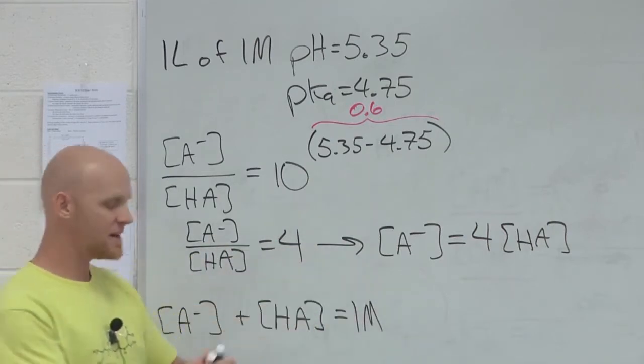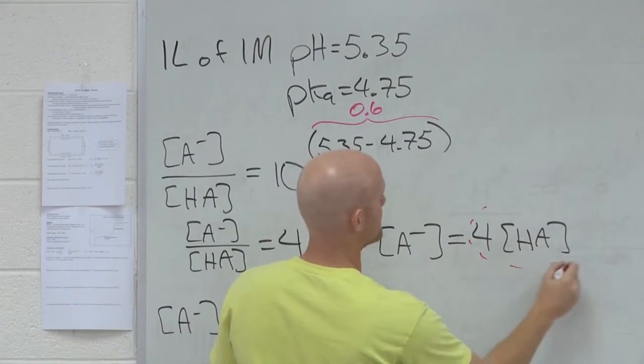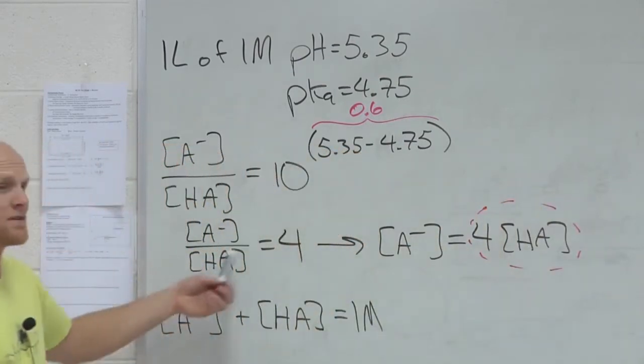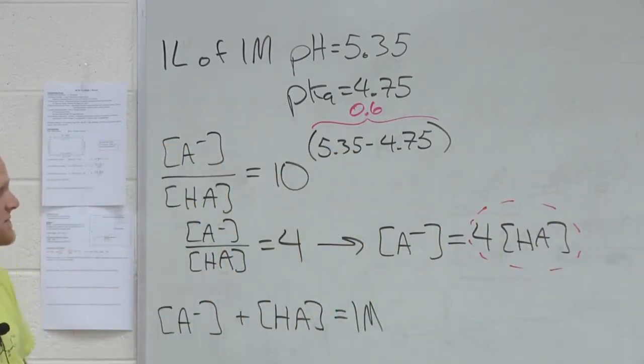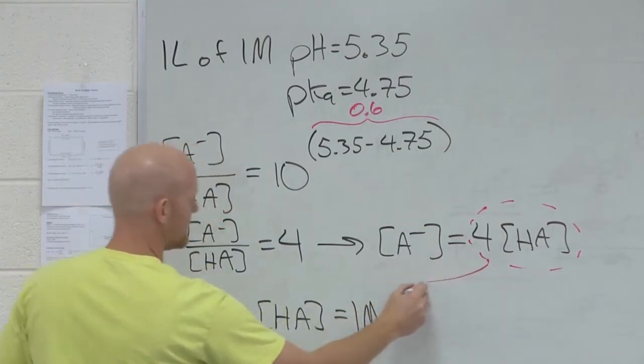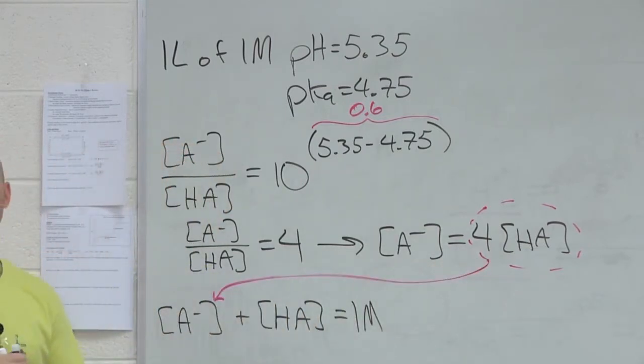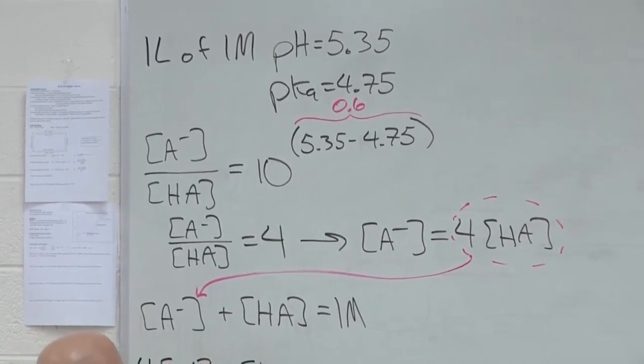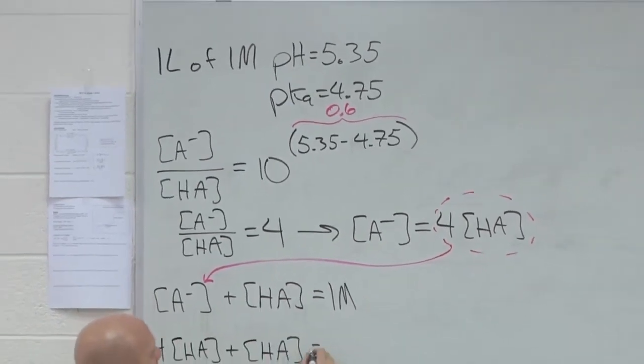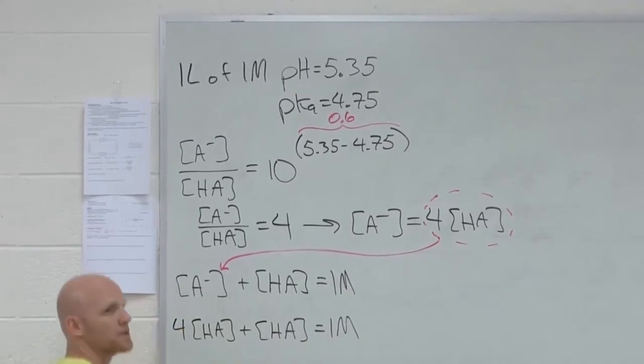I technically could have solved for HA as well, but A minus is just easier to solve for. Since A minus is equal to that, I'm going to substitute it in the other equation for A minus. And so we end up with 4 times HA plus HA equals 1 molar.